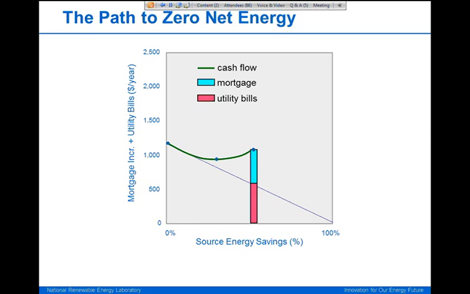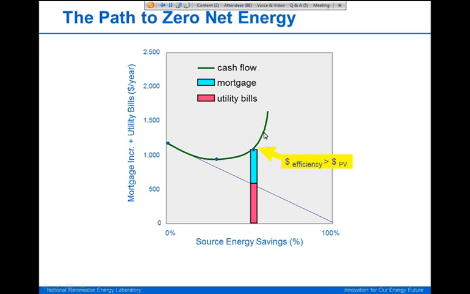We have diminishing returns, less bang for our buck. And if we were to continue to do efficiency beyond that, to try to achieve high percent savings, the cash flow curve, the sum of the utility bills and the mortgage payments, starts to increase steeply because we're really into a region of diminishing returns.